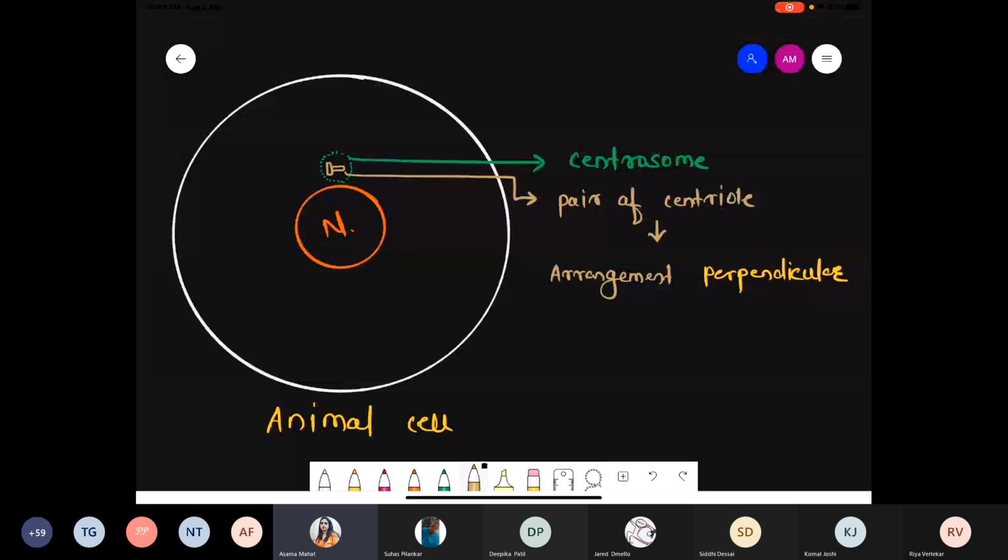Like this, this one and now the second. So first and the second. If you see, a 90-degree angle will be formed, and this structure is called the centriole.